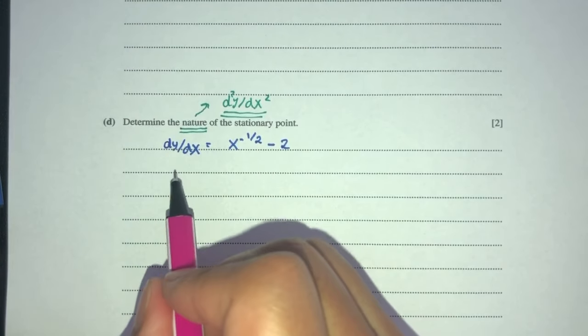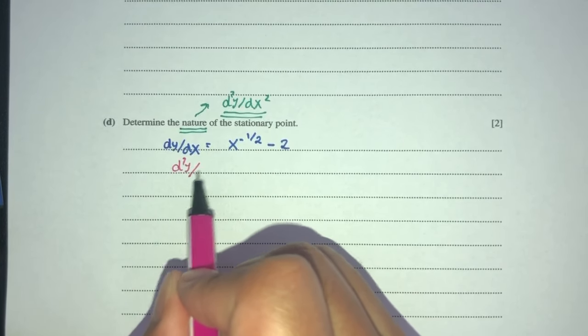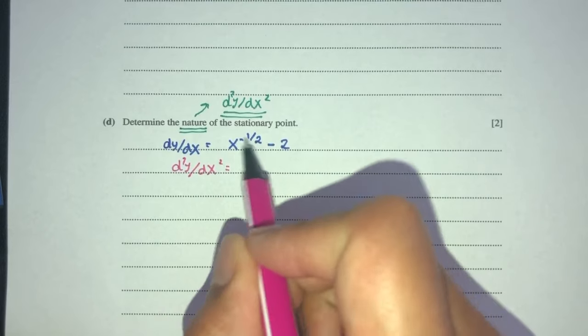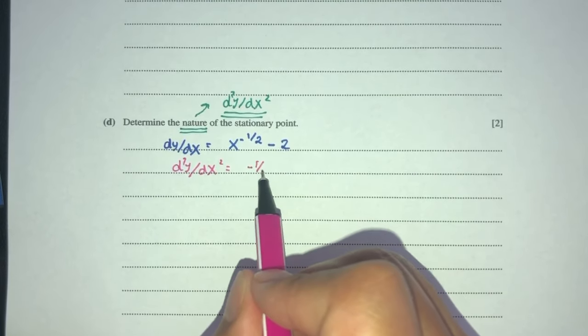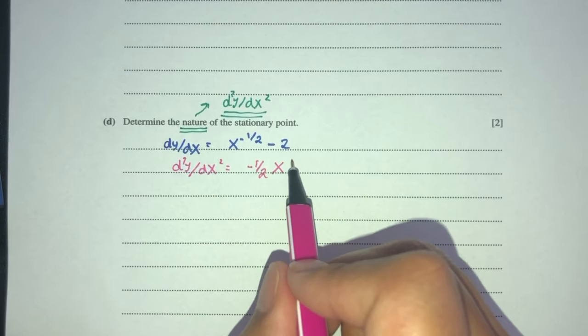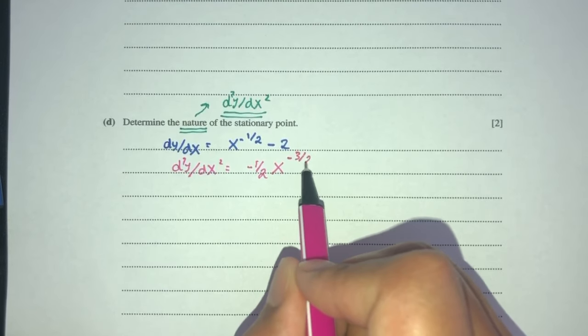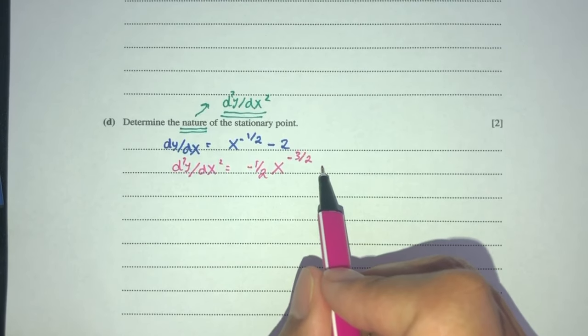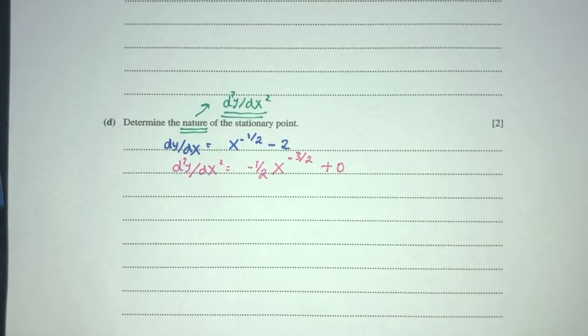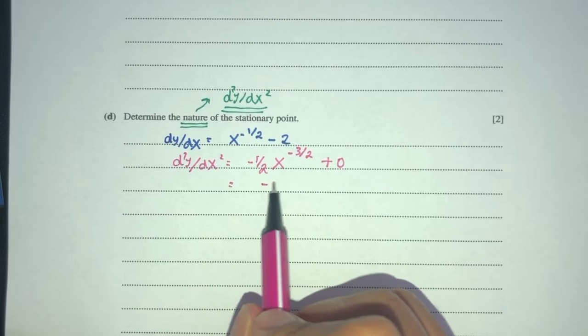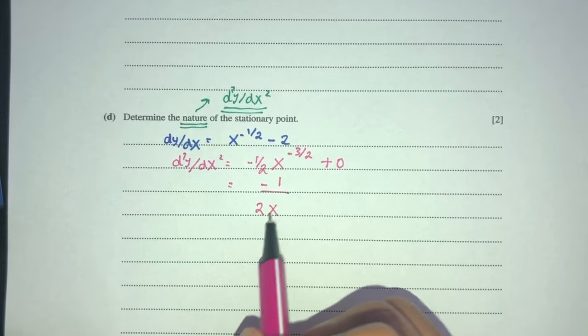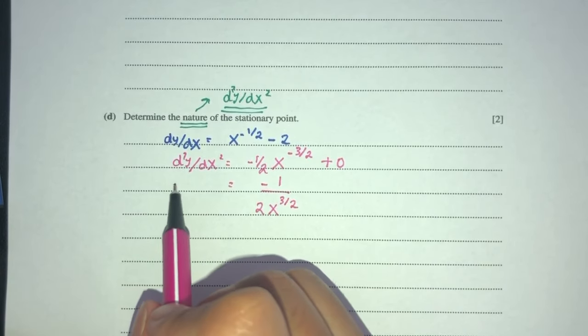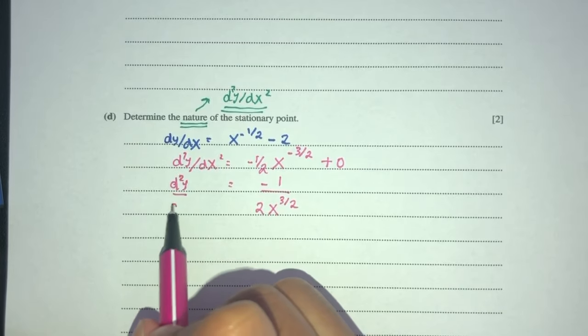So let's do this. d2y by dx2: first multiply by the power, which is minus half, then power minus 1 should be minus 3 over 2. And this will become just 0 because it's a constant, so we don't care about this. So finally, you will have minus 1 over 2 times x power 3 over 2. This is d2y by dx2.